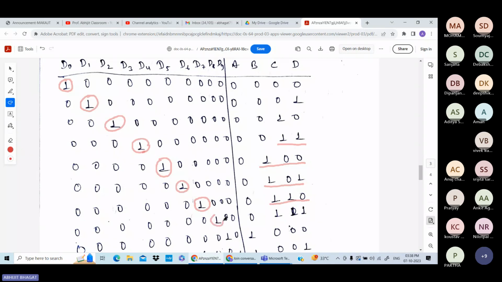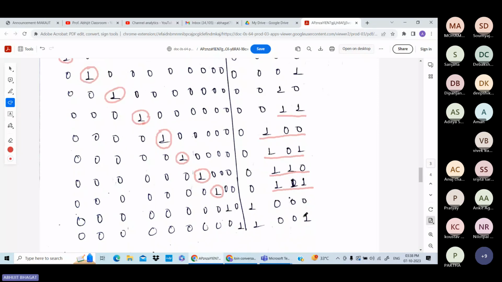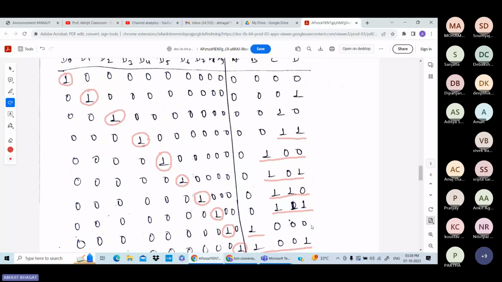For D7, B, C, D are all 1, A is 0. For D8, your A is 1 and B, C, D are all 0. And for D9, the next combination is 1, 0, 0, 1. This is the truth table for decimal to BCD encoder.